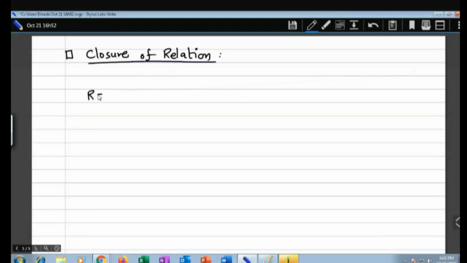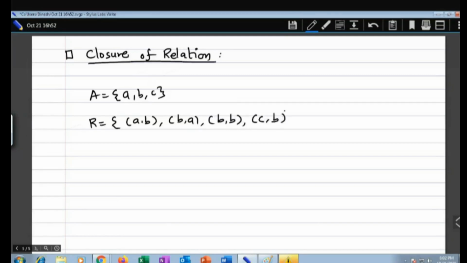Let me start with the set. Let's say A is equal to {a, b, c}, and R is equal to {(a, b), (b, a), (b, b), (c, b)}.